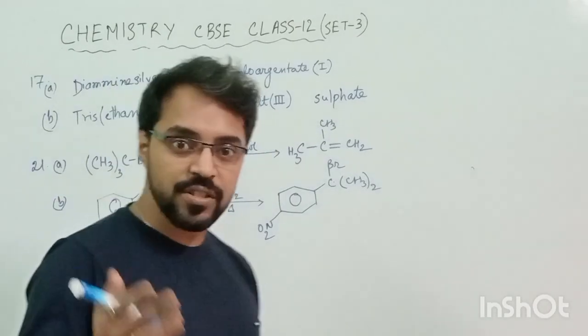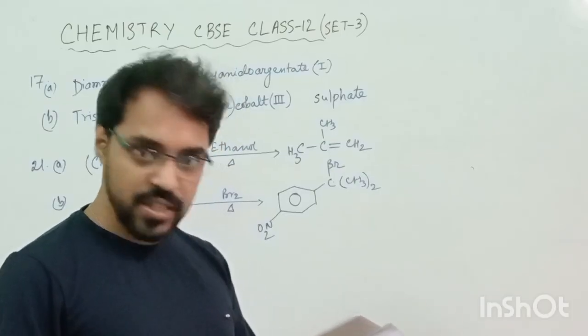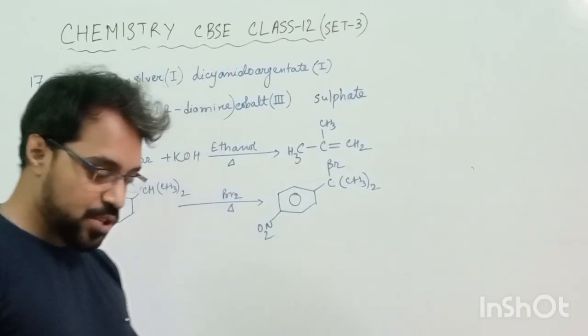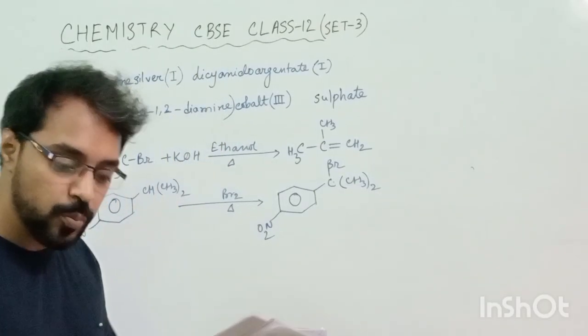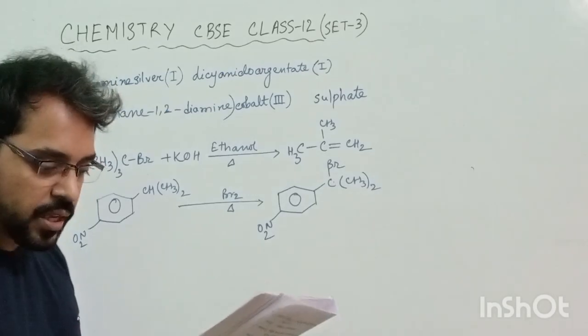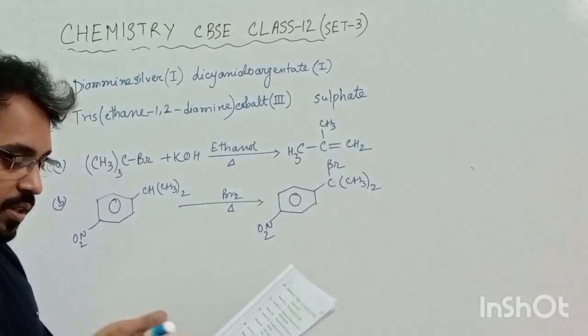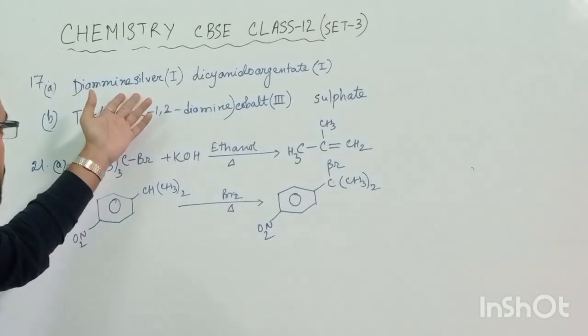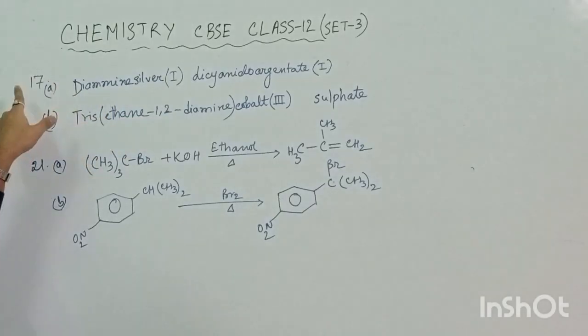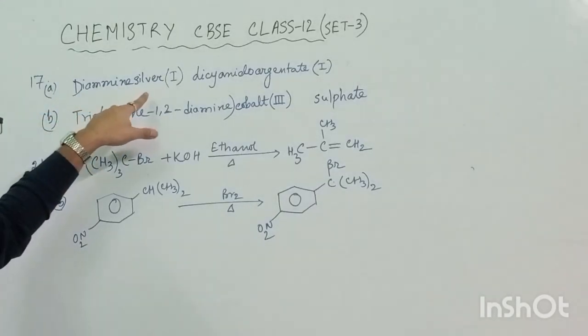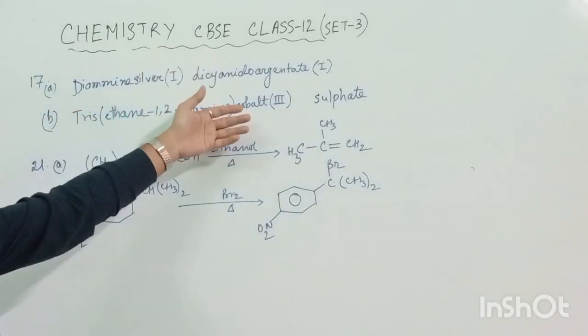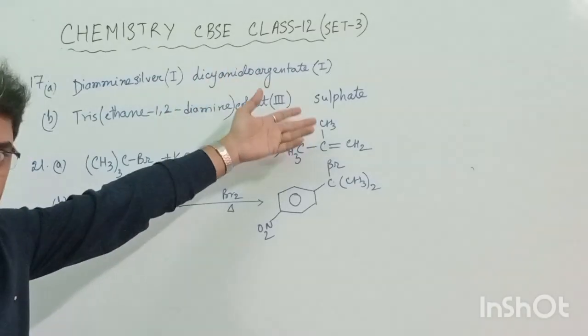Students, let's start with section B, set 3, as we are discussing previously. Question number 17, they are asking for IUPAC names of the following compounds. The answer is basically, first for 17A, it's diamminesilver(I) dicyanoargentate(I), right?